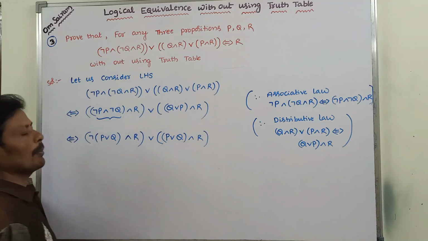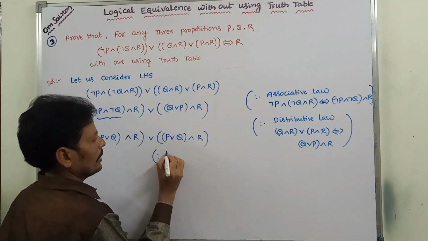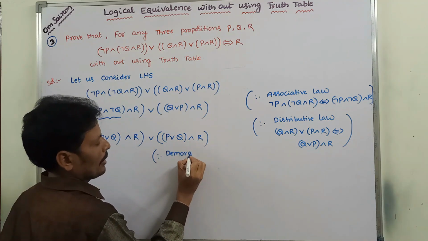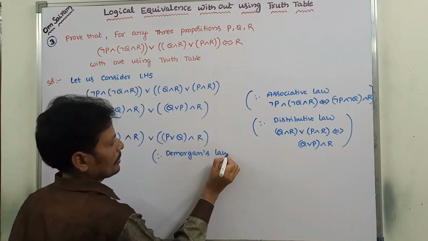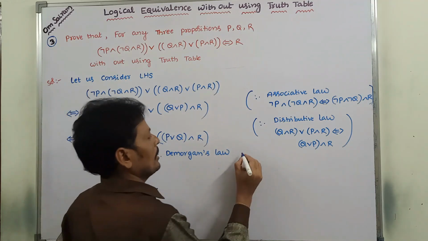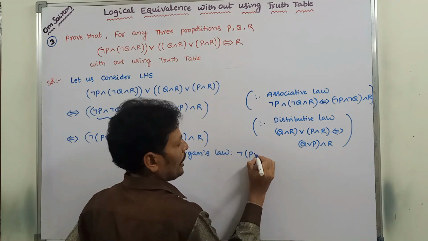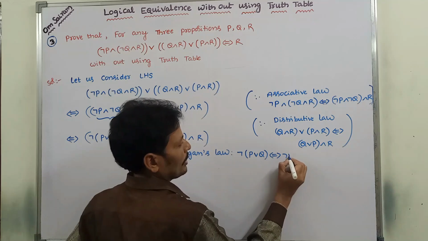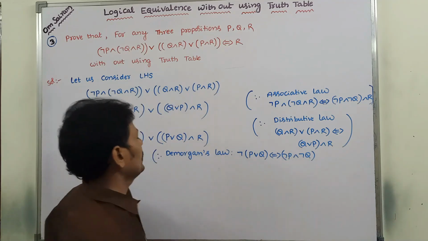So here I am applying two laws. First one is De Morgan's law, that is negation of P or Q is logically equivalent to negation P and negation Q.